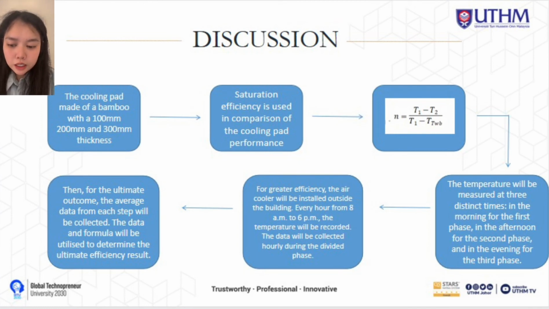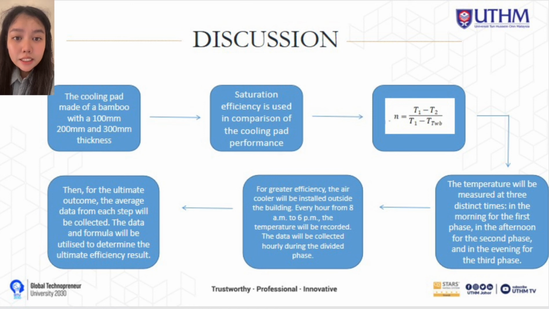Okay, so the experiment is initiated by adding water into the water tank. Then the cooling pad made of bamboo with a 100 millimeter thickness is installed afterward. After the equipment is set up completely, the air flow rate is adjusted accordingly from the exhaust fan.